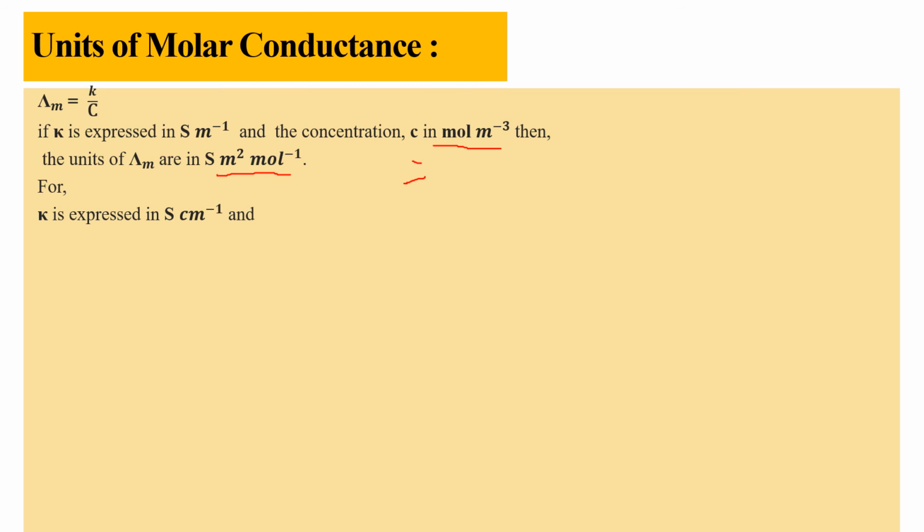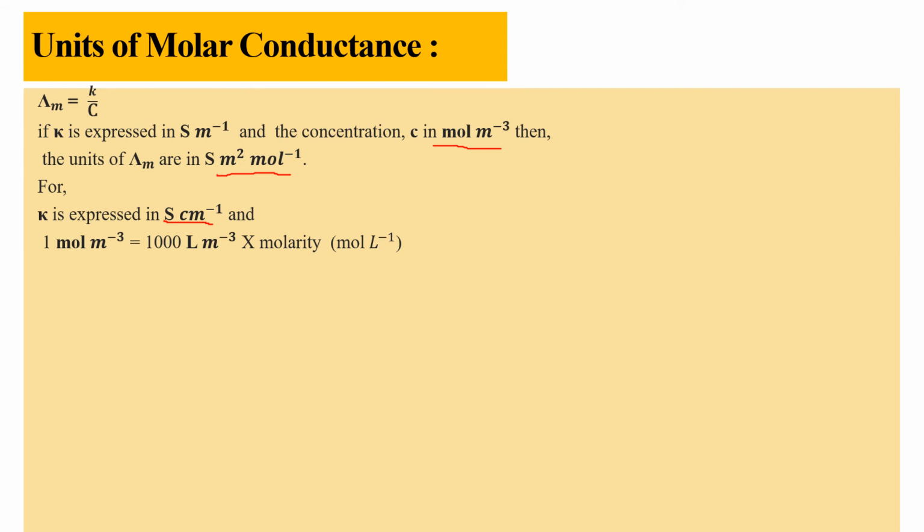And if the unit of conductivity is expressed in Siemens per centimeter, then note that 1 mole per meter cube equals 1000 liter per meter cube into molarity, which is in mole per liter.